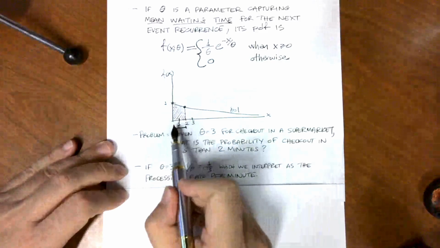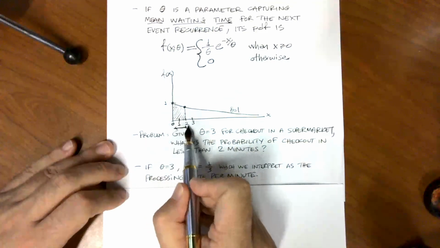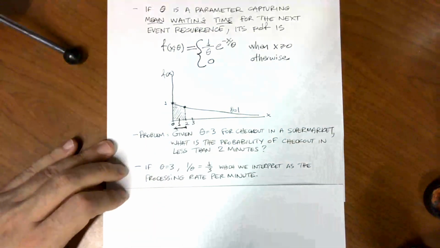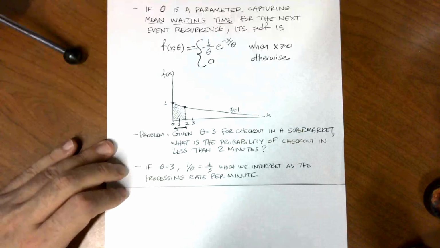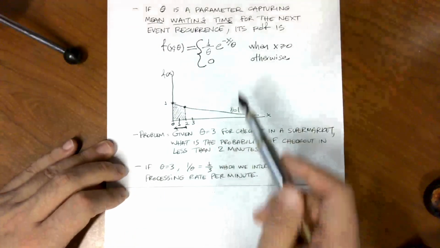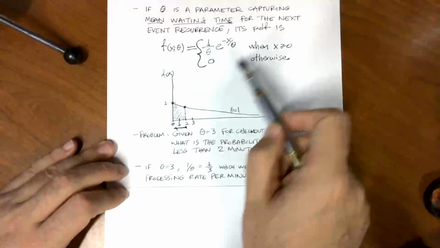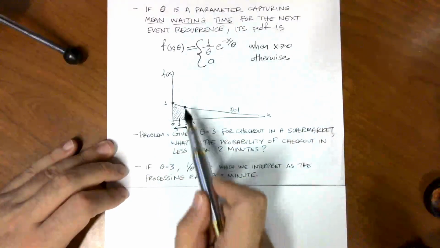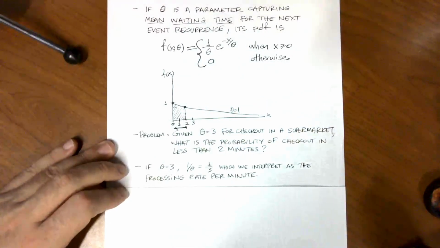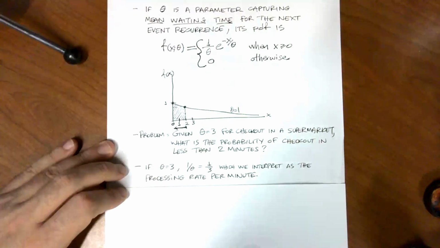From the point 0 up to the second minute. We don't know how to do this calculation yet, but you can already understand that this is going to involve integrating this functional form from 0 to 2, because that's how we extract areas under a curve. We will solve this problem when we talk about distribution functions.